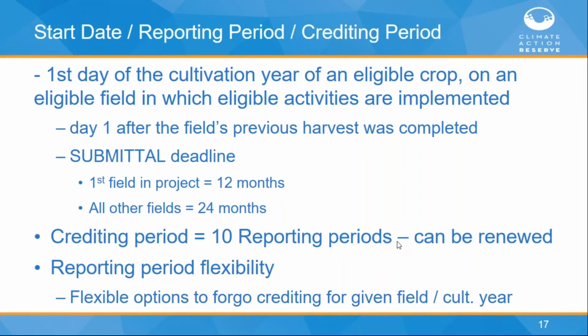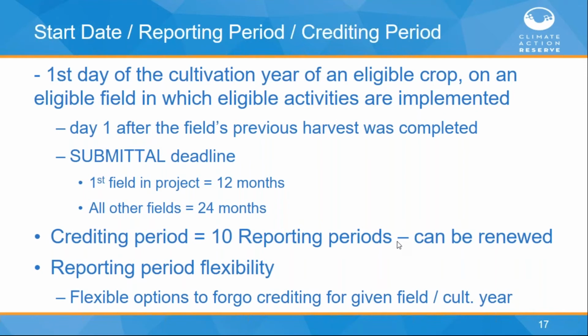We've created a lot of flexibility with our reporting period options though. While crediting periods and reporting periods are assessed at the project level, we're treating each field within a project as if they have their own reporting period, per se, because they each have their own cultivation year.